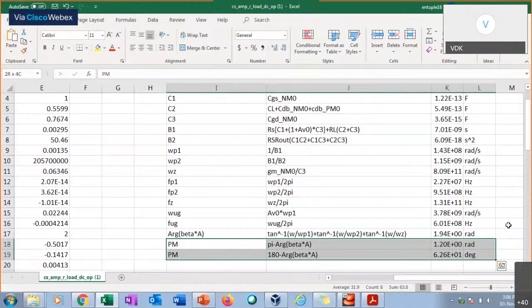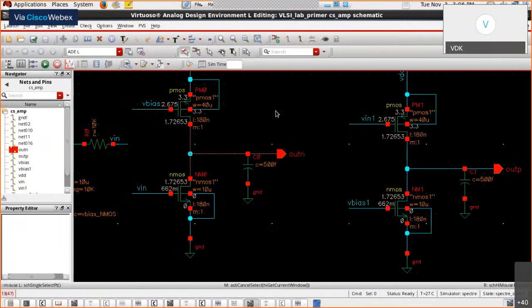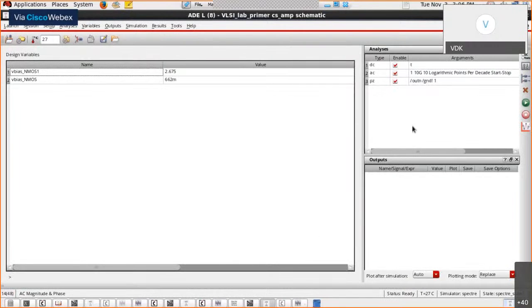So let us check one thing. We'll go to this particular amplifier schematic and carry out a pole zero analysis, which is available on the tool. In fact, it's available on any generic circuit simulation tool. Check whether we get reasonably matching results. Go back to the schematic and run pole zero analysis. If you already have it, generate the plots.